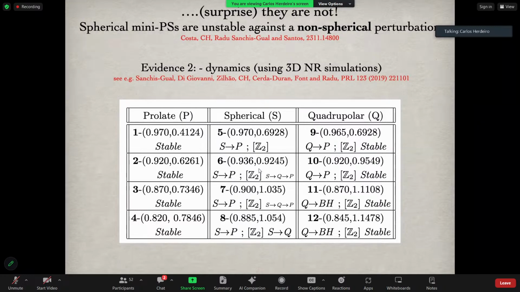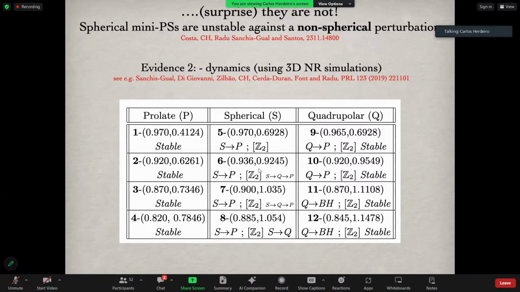In some simulations, we tried to block the decay channel into the prolate stars by simply imposing a Z2 symmetry. The Z2 symmetry would kill the prolate solution because the Proca field is Z2 odd rather than Z2 even. So you impose a north-south symmetry.